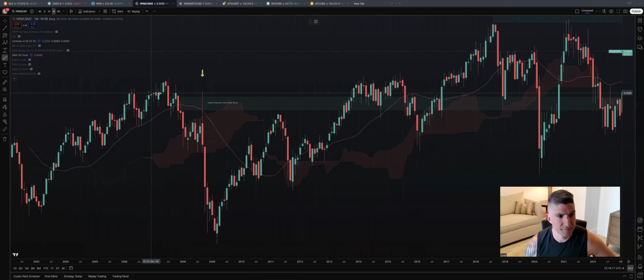Where was that? That was in that candle right there, November 2007. And this block was so aggressive such that this wick back up into it, that was supply. There was a lot of supply there and people sold.